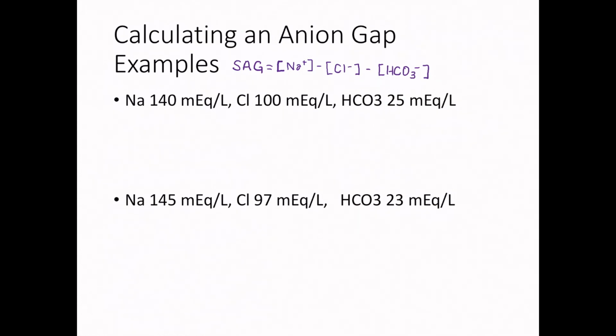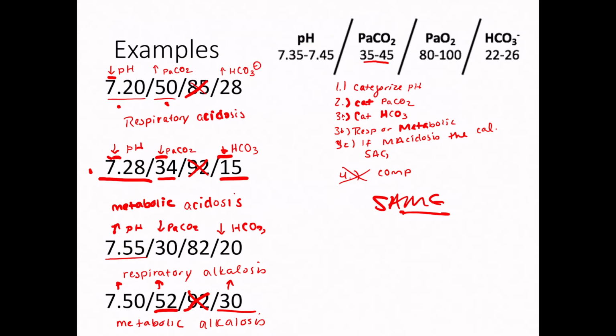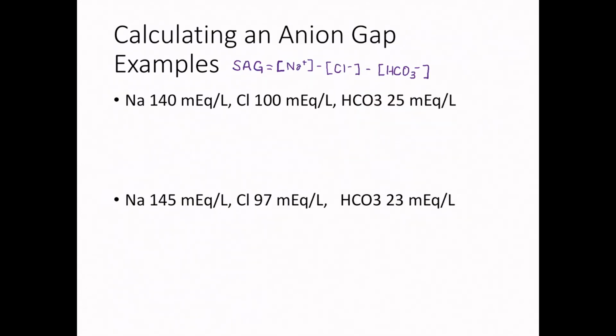So let's do some examples of calculating an anion gap now. Again, the only time we have to calculate an anion gap is if it's a metabolic acidosis. And in the next section, we're going to talk about metabolic acidoses. So anion gap, SAG standing for serum anion gap, equals concentration of sodium minus chloride minus bicarbonate.